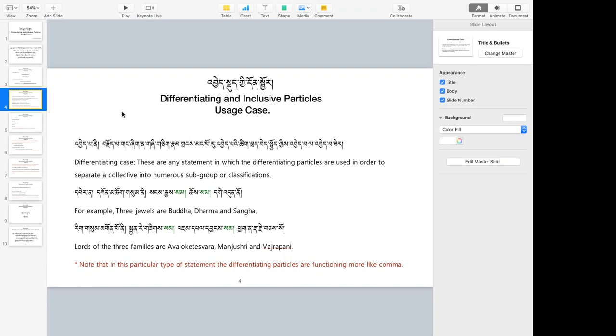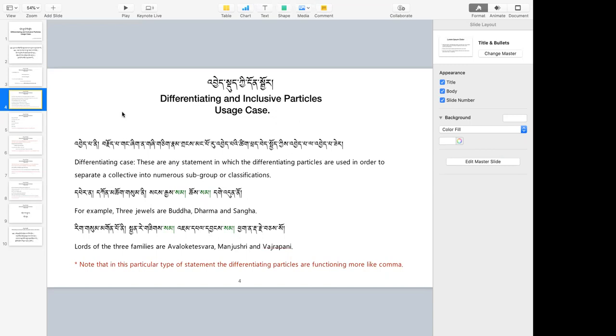So in which the differentiating particles are used in order to separate a collective into numerous subgroups or classifications. So we see that this particular type of statement has to fulfill two criteria.